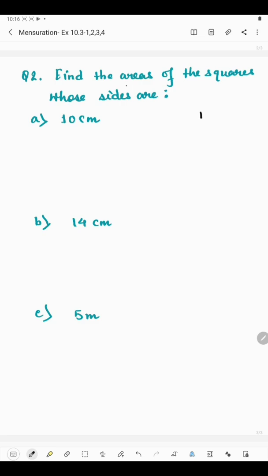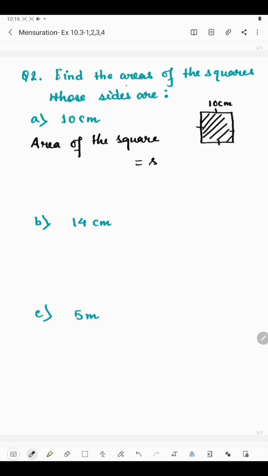10 centimeter. Now this is a square, and we know that all sides are equal in a square. So side is given 10 centimeter. So this is 10 centimeter. These all are 10 centimeter. So how will you find the area of the square? Area of the square is side into side.